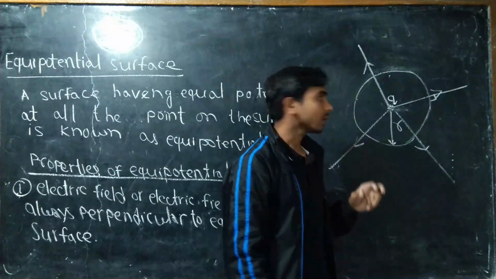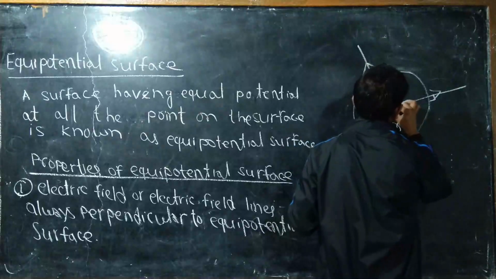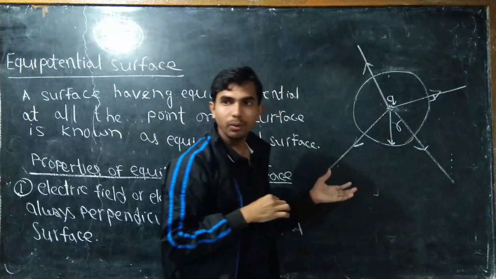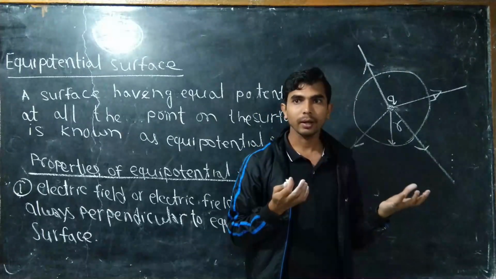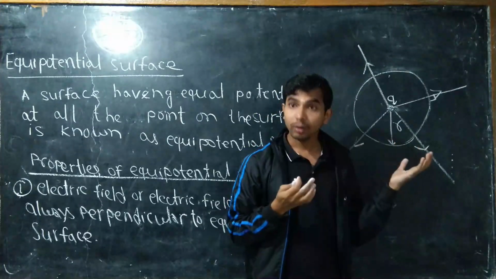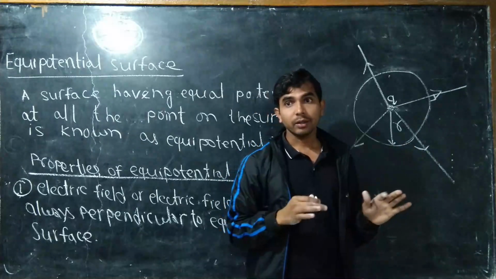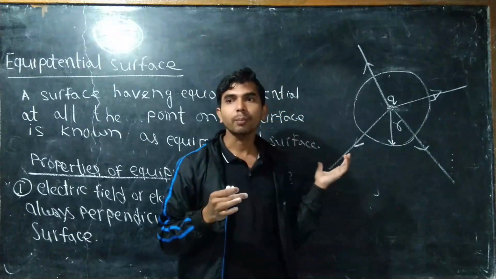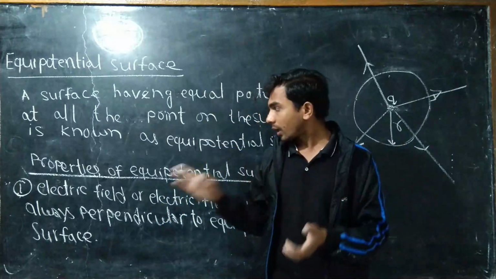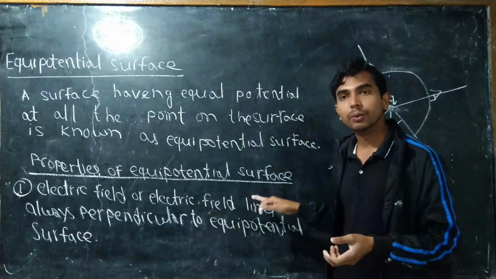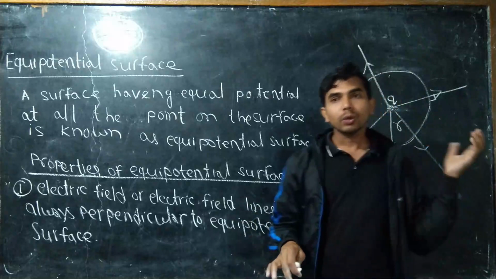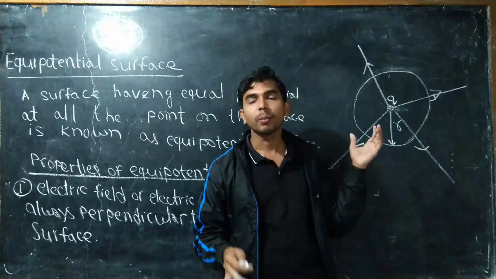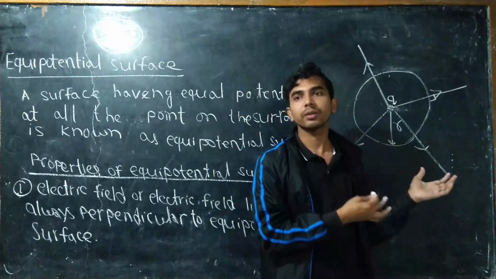Electric field lines are along the direction of the electric field, so the electric field is also perpendicular to the surface. With this example we are able to see that electric field lines are perpendicular to the equipotential surface. I took this one as an example, but this is true for all surfaces.